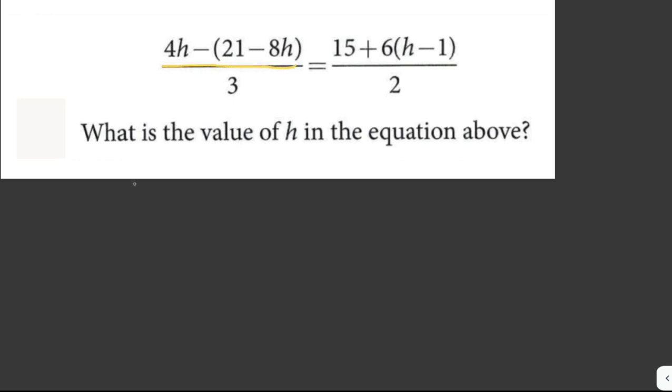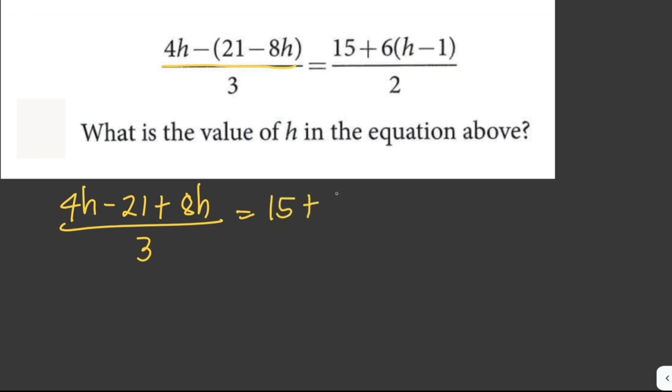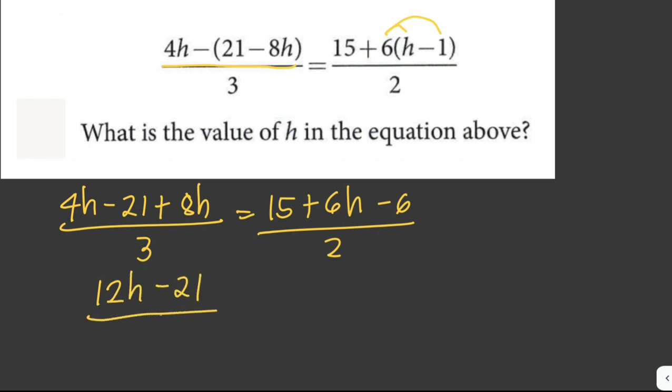4h - 21 - 8h can be written as (4h - 21 + 8h)/3, and then 15 + 6h, we distribute 6 to h - 1, minus 6, over 2, and then we group like terms. 4h + 8h is equal to (12h - 21)/3 equals 15 - 6 is just equal to (9 + 6h)/2, and then we cross multiply.